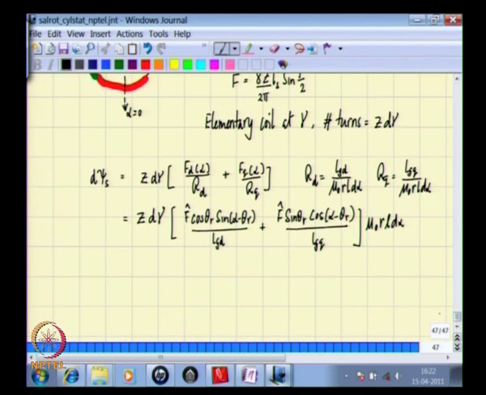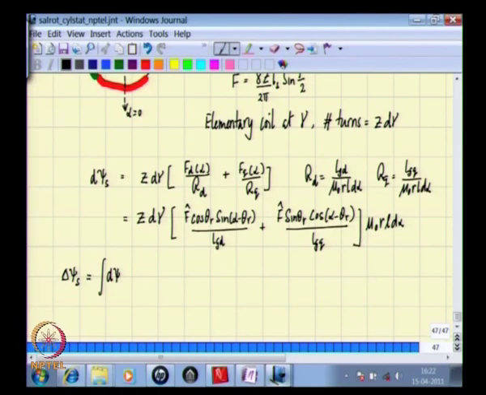So, this is the flux linkage in the elementary coil due to the flux passing at a given angle alpha along the span of this elementary coil, and in order to get the flux linkage of this elementary coil, let us call that by the term delta psi s. That is then the integral of this d psi s, the integration performed with respect to alpha as we move along the inner circumference of the stator.